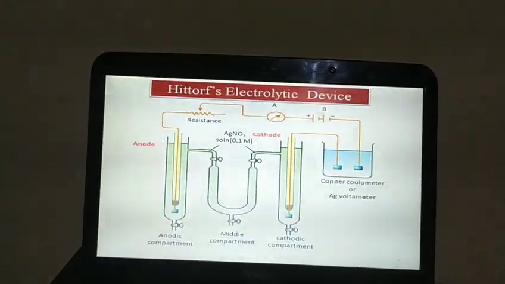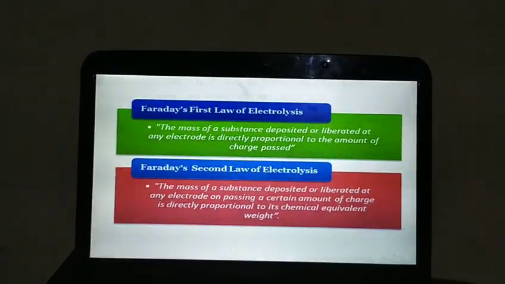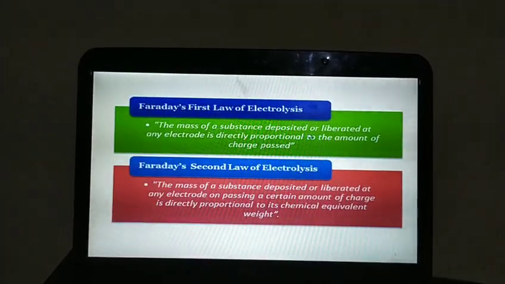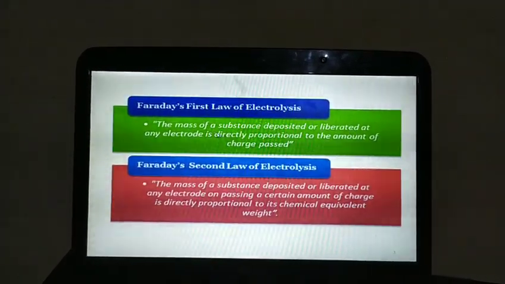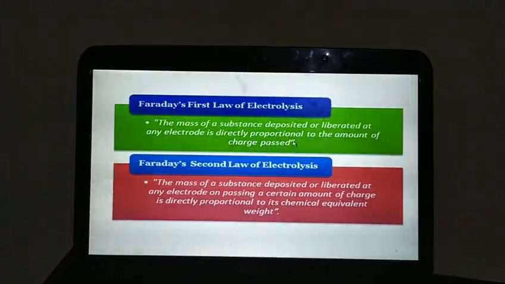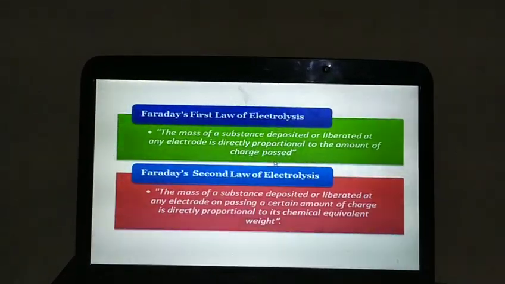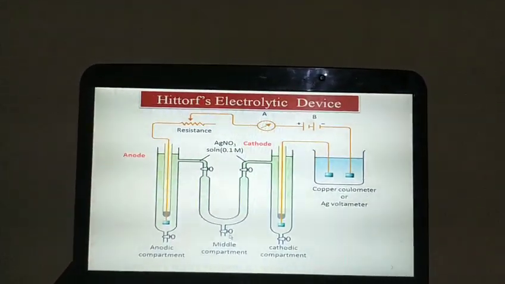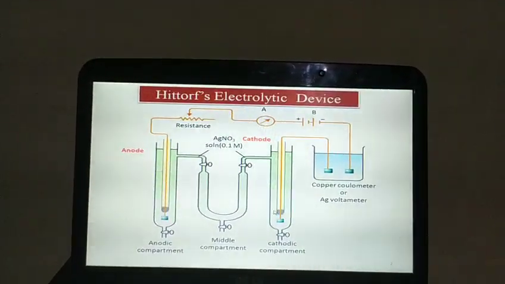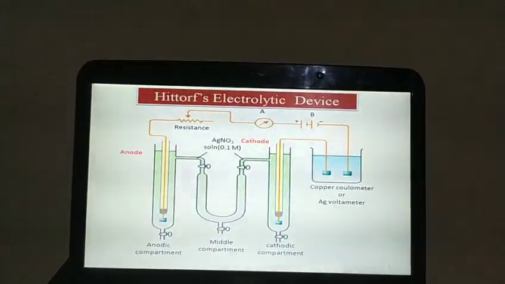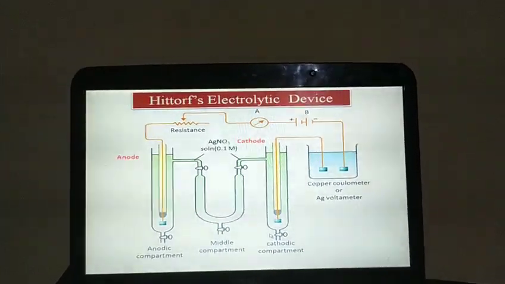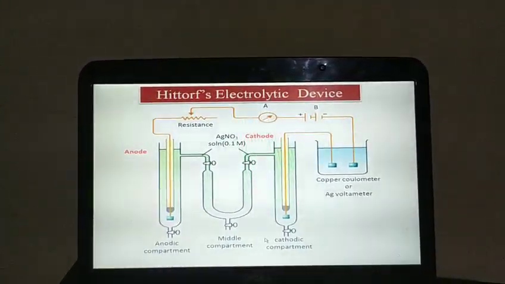This is according to the first law of Faraday, that is, the mass of the substance deposited or liberated at any electrode is directly proportional to the amount of charge passed. That is, the charge produced in the Hittorf's device is measured using the copper voltameter by the amount of copper getting deposited. So this is the experimental setup.